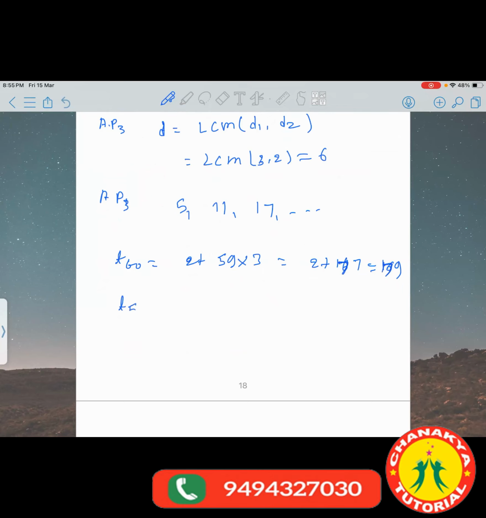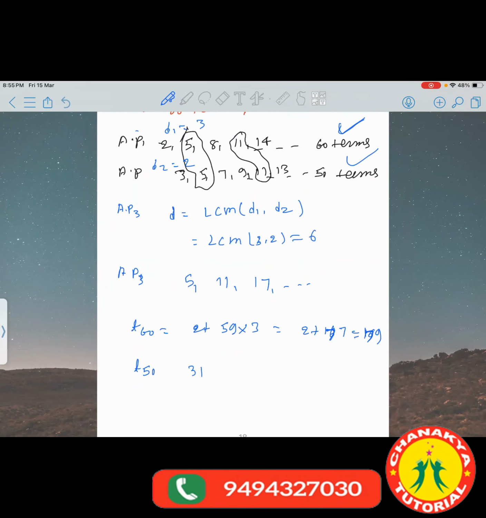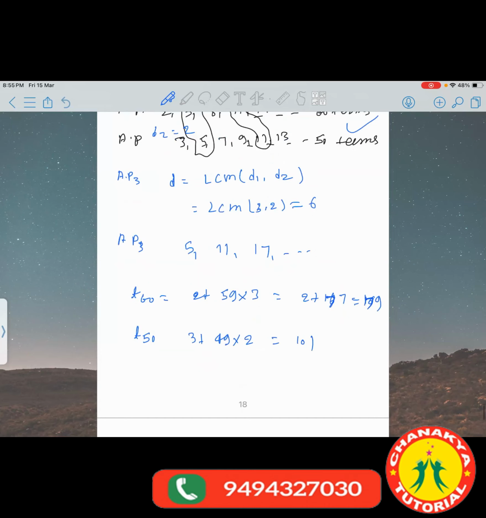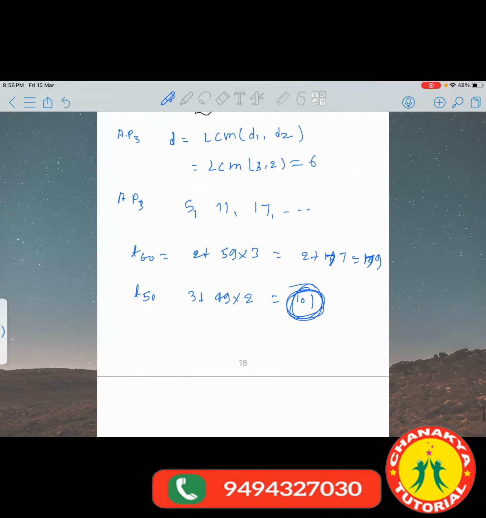And T50, the last term of the second AP, is 3 plus 49 into 2. So we got 101, right? So the maximum common term is up to 101, right?